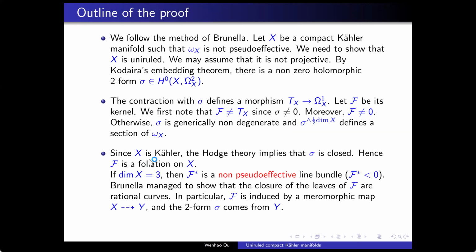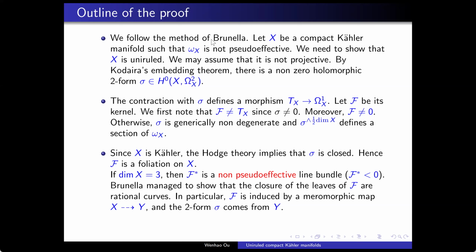Now we observe that since X is Kähler, Hodge theory implies that sigma is a closed differential form. So we can use Cartan calculus to show that F is a foliation on X, which means that F is closed under Lie bracket.